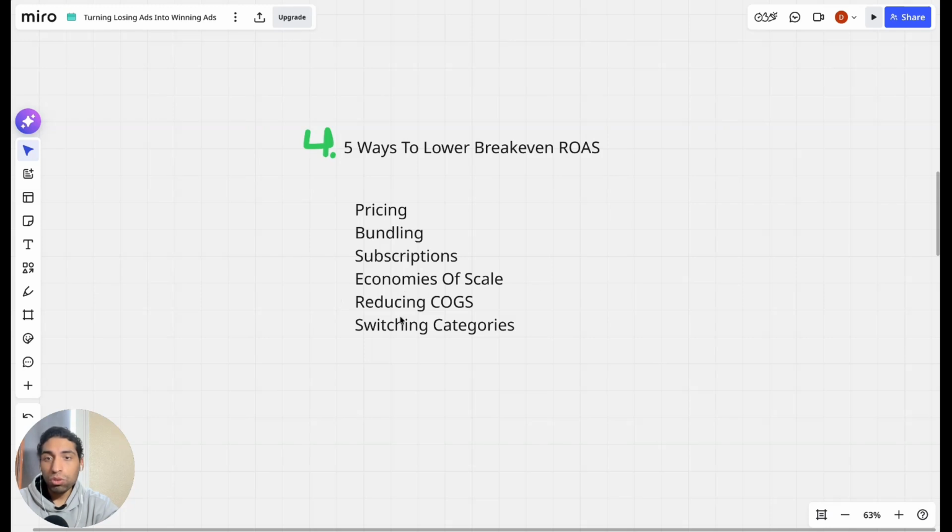Number 5 is reducing your COGS in general. Reducing COGS literally just means maybe you decide to go back to the drawing board with your product and see, hey, is there anything in this product that I added in that just wasn't that important? For example, a really common one in e-commerce is luxury packaging.